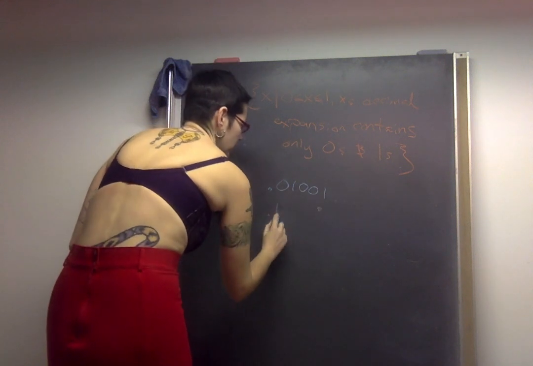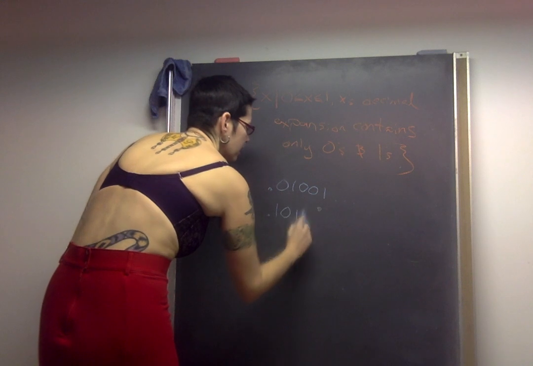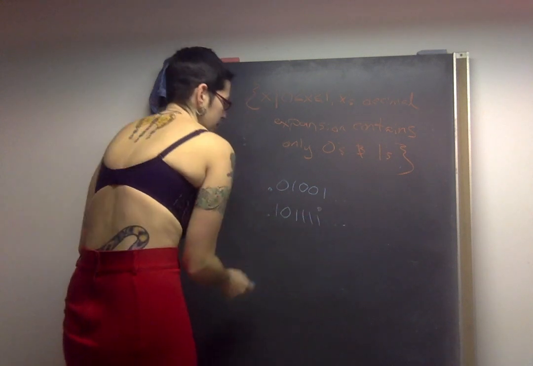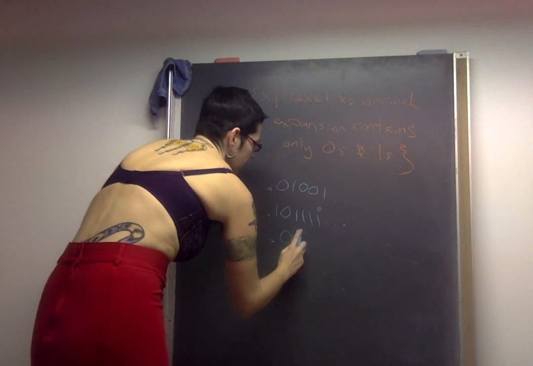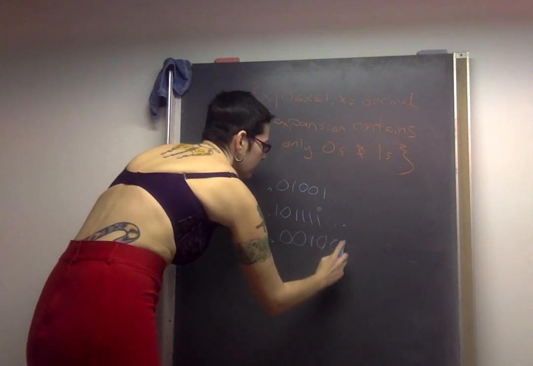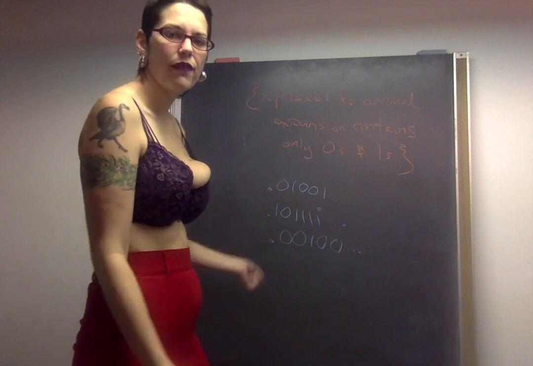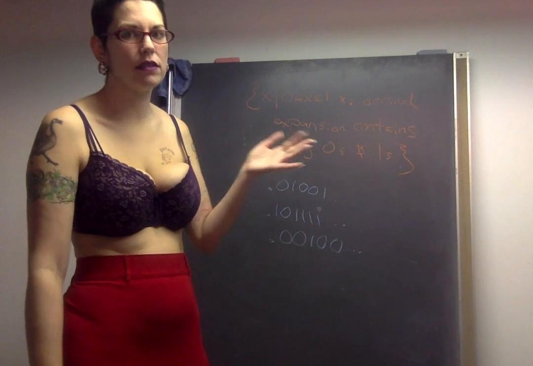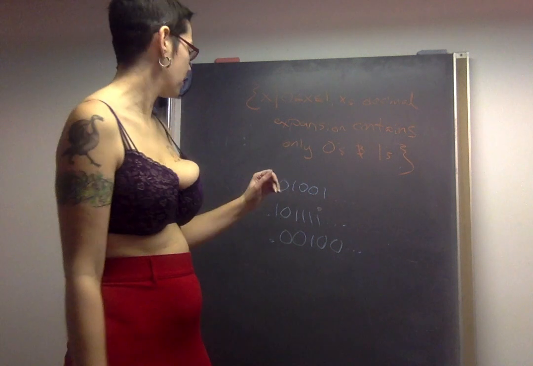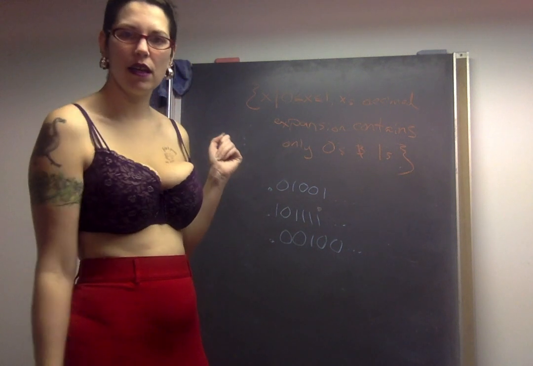It doesn't really matter what these are. We've got a list of decimals. They just have zeros and ones. They're between 0 and 1, so they don't have a leading number here.